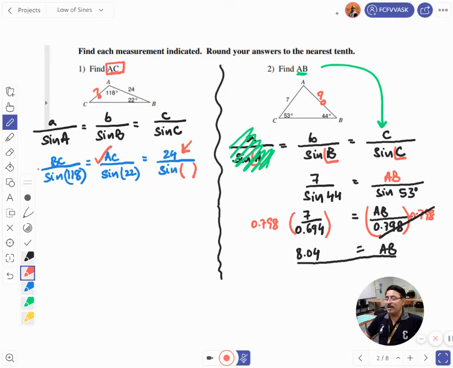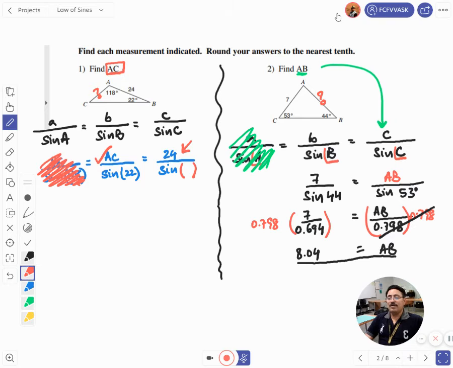So this part is the unnecessary fraction. I repeat, this is the unnecessary one, because AC we have to find, so we keep the other fraction. Here the side is given but the angle is missing. If the angle is missing, somehow we can compute it, but if the side is missing, we cannot. Therefore, this part is dropped.